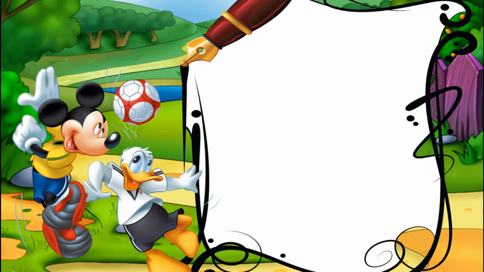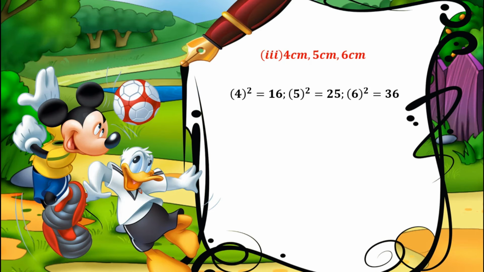Let's take the next question. The third question is 4, 5 and 6. So 4 raised to 2 is equal to 16, 5 raised to 2 will be 25 and 6 raised to 2 will be 36.